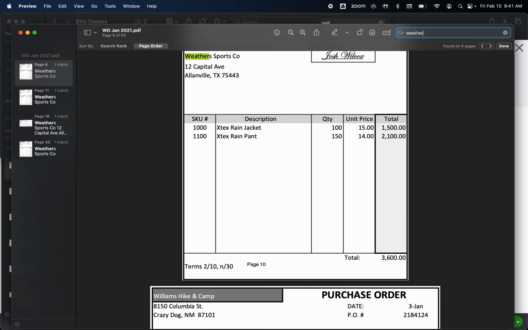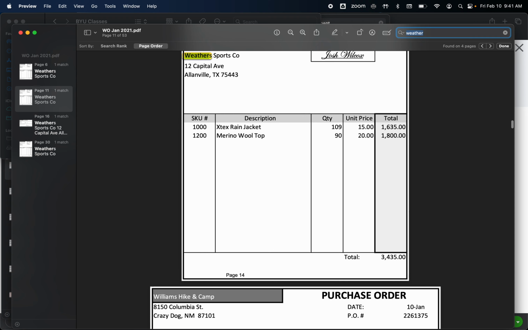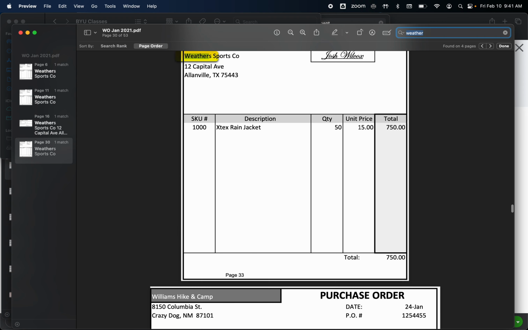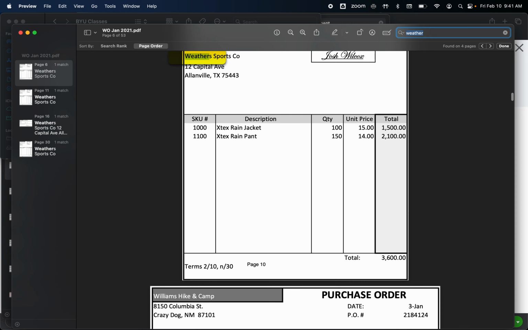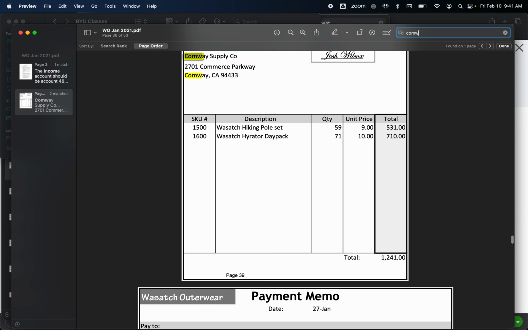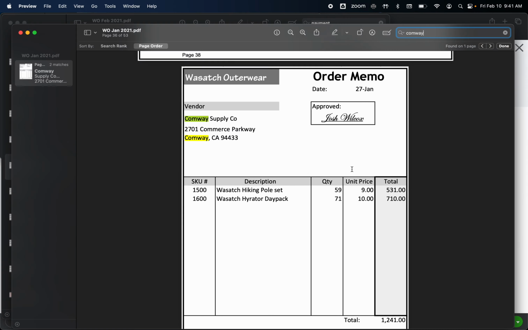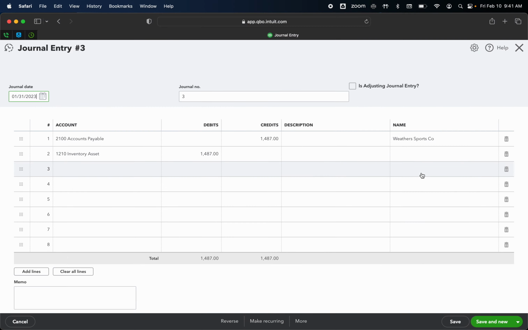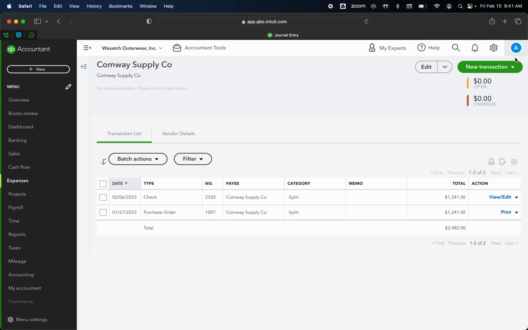So you said it was a Weather Sports journal entry for 1487. But I think there's a Conway Supply for 1248. I don't think you have that in there at all because you're doing the purchase orders that need to then become a bill and then you pay that bill.